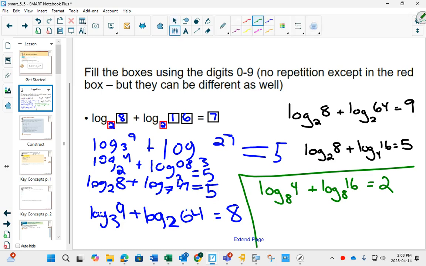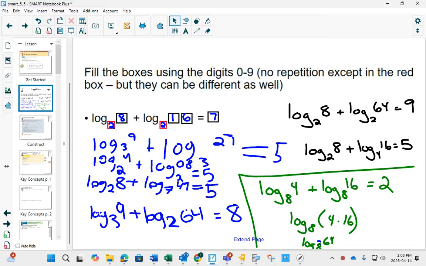This would be the same as multiplying that together. What is 4 times 16? 64. And now can you see that the answer needs to be 2? Because 8 to what exponent would be 64? It would be 2. So I was using one of my log laws and pretending I could do all the decimals in my head.